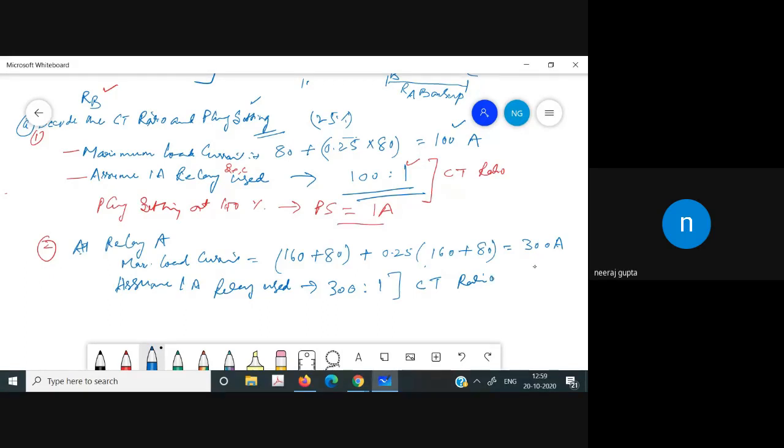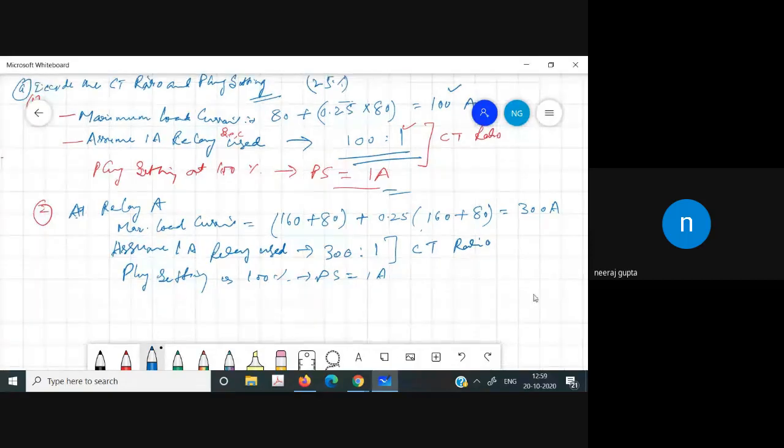Now, as we have done in the previous case, the plug setting is 100%. It means the plug setting value is 1 ampere. So these are the values that we have calculated.